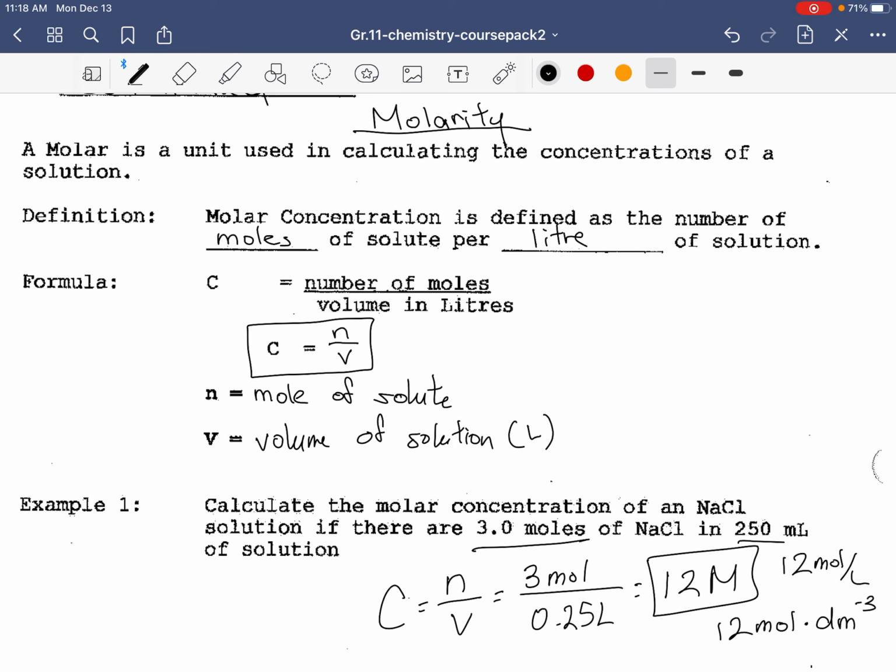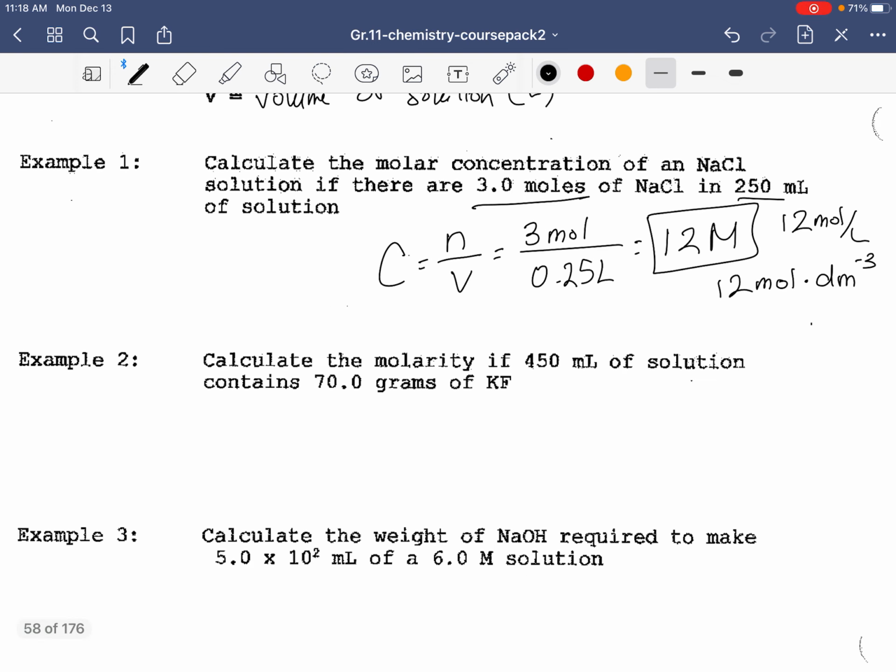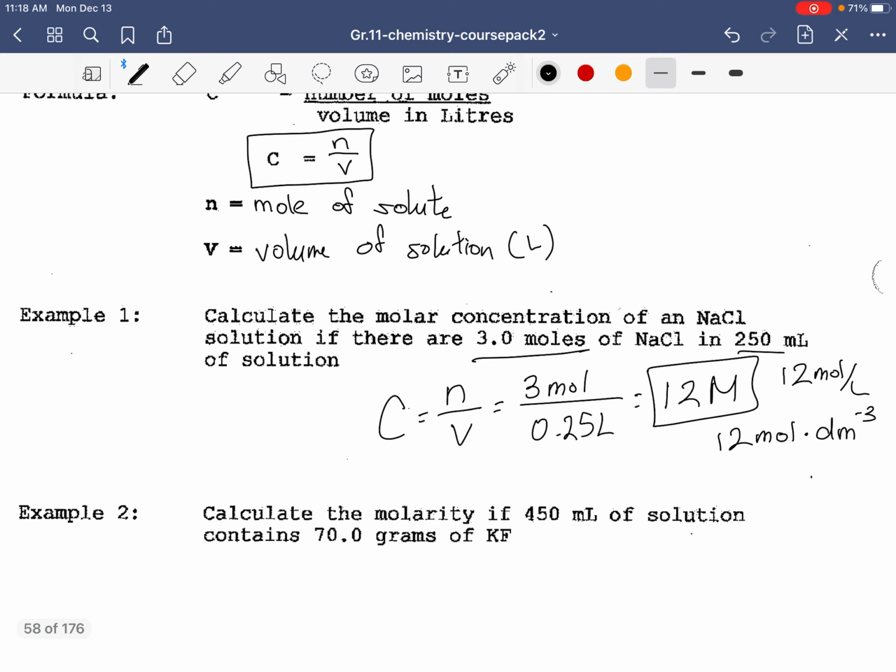So let's take a look at another question that is not as simple. Question 2. Calculate the molarity if 450 milliliters of solution contains 70 grams of KF. All right. Concentration is equal to moles over volume. I know volume is 0.45 liters. Yeah, can't trick me on that one. 70 grams? Wait a minute.